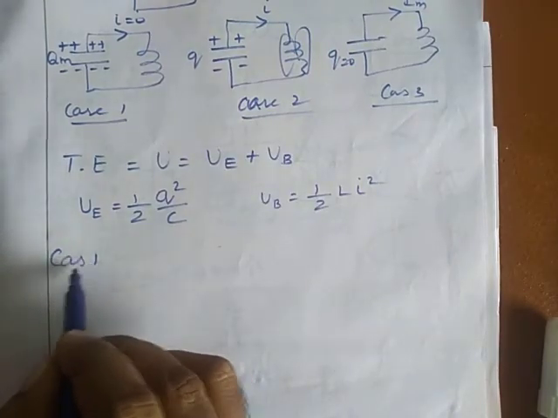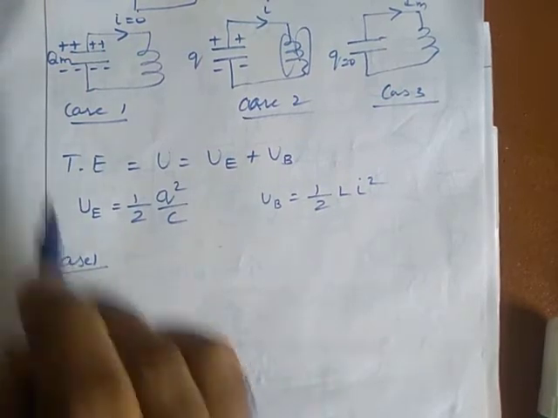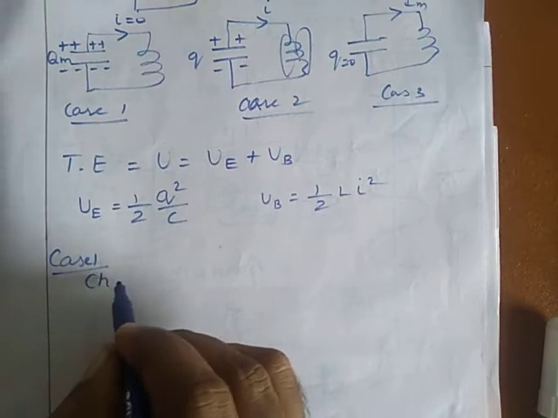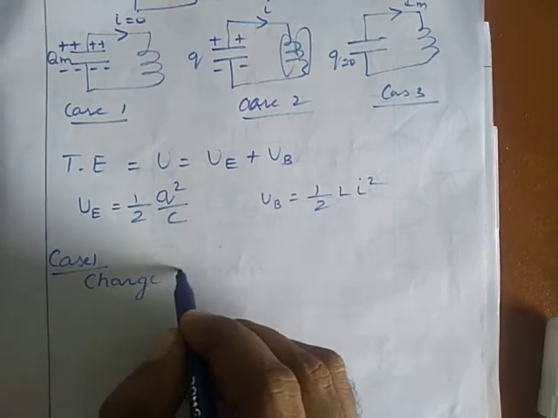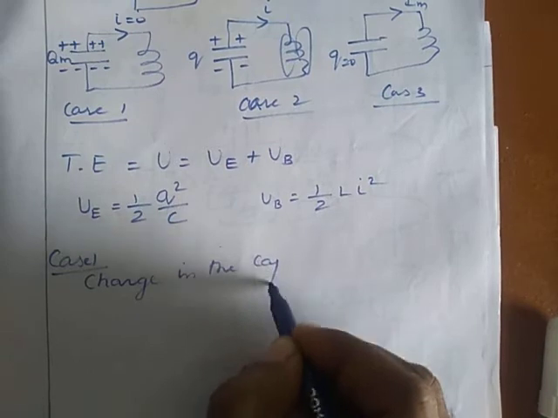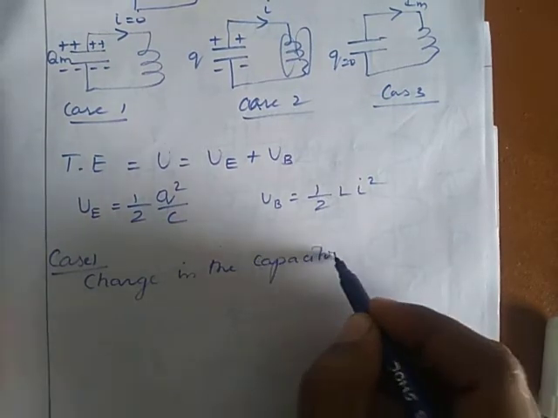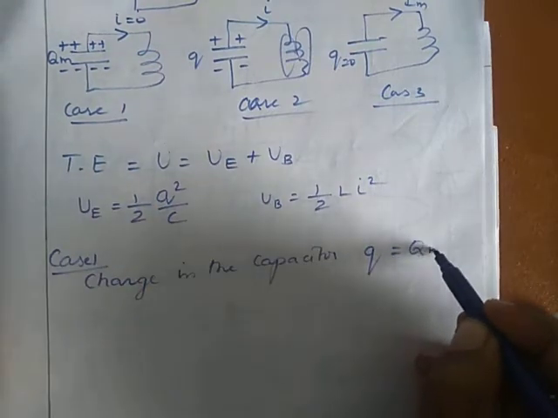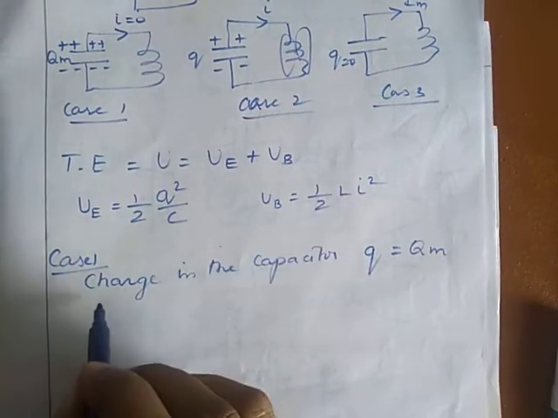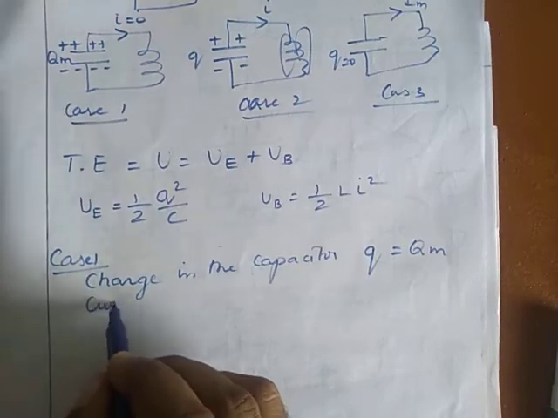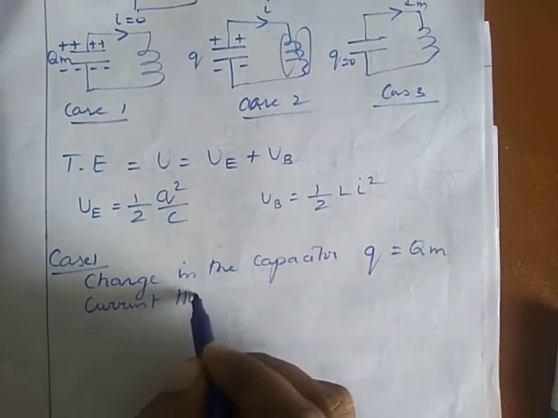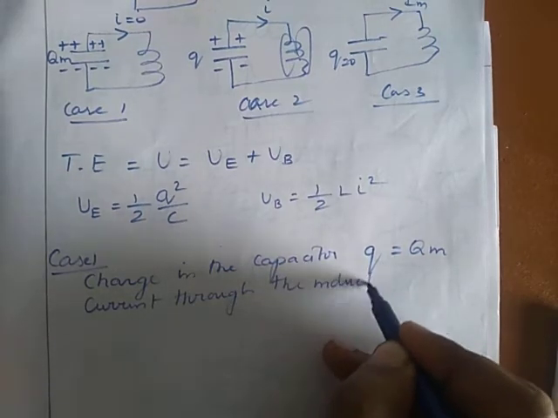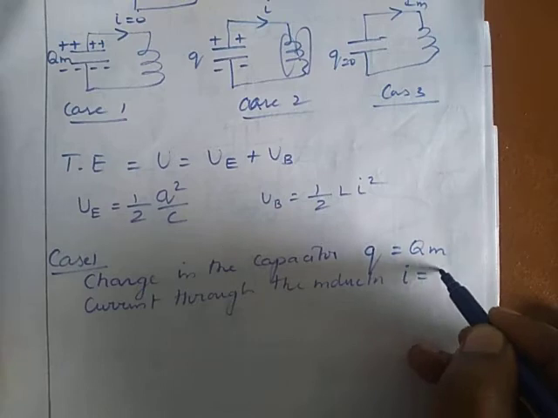Case 1. In case 1, the charge in the capacitor, that is Q, is equal to Qm, and the current through the inductor, that is I, is equal to 0.